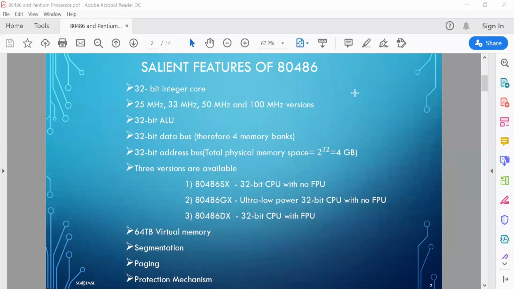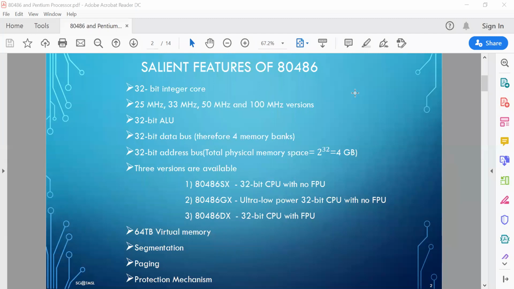You need two consecutive memory locations. If you want to store 32-bit data, how many memory locations do you need? You need 4 consecutive memory locations.